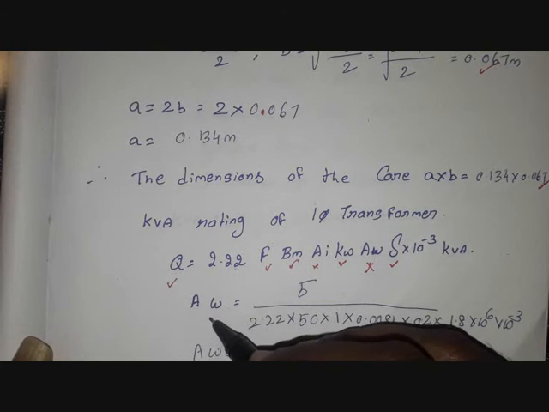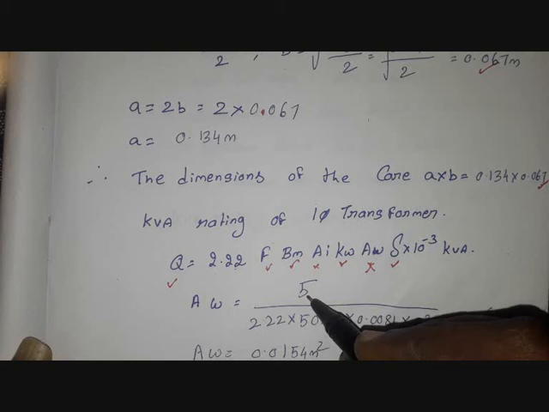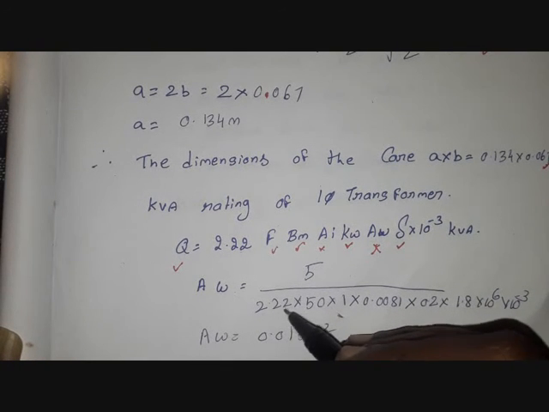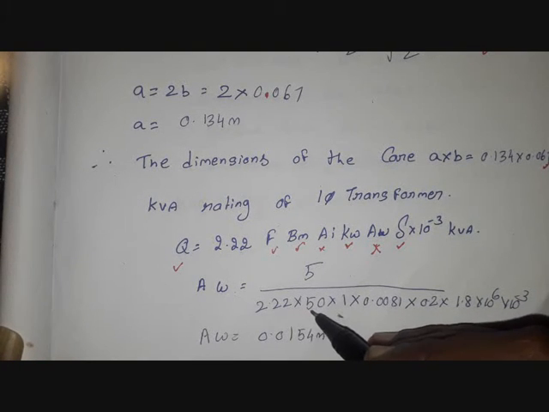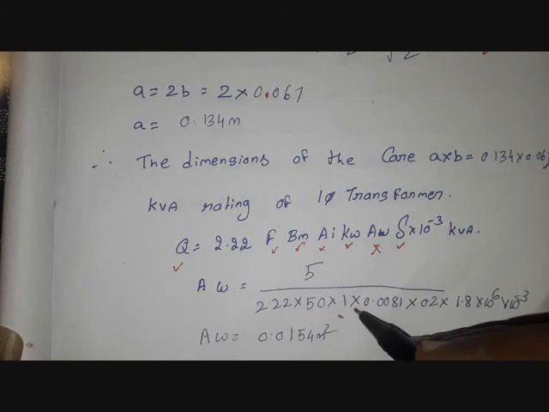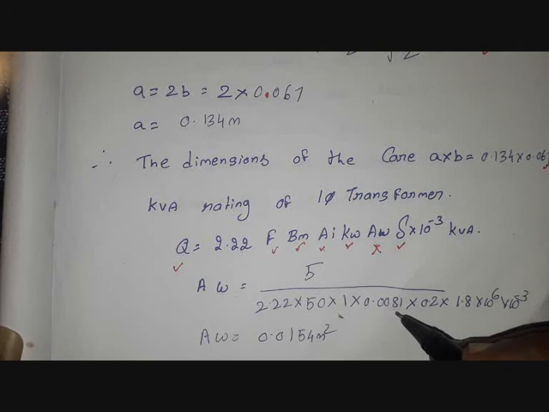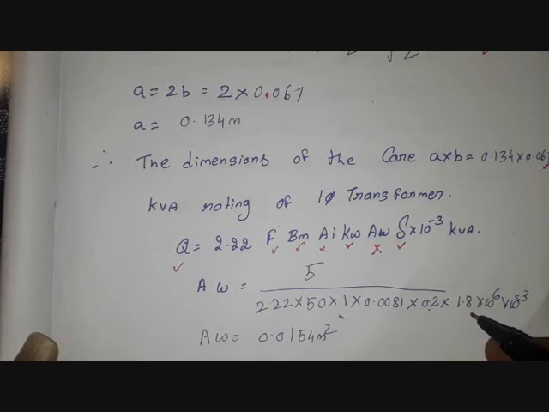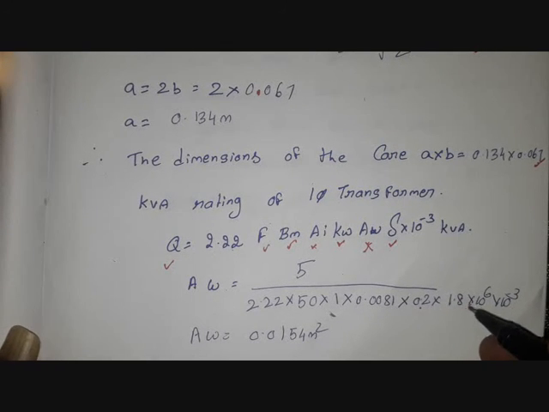So AW is equal to Q value divided by 2.22 into frequency 50 Hertz into BM 1 into AI 0.0081 into window space factor 0.2 into del value 1.8 into 10 to the power of 6.